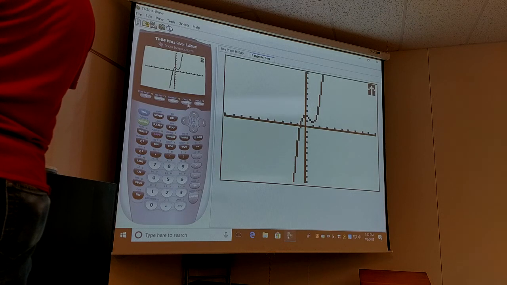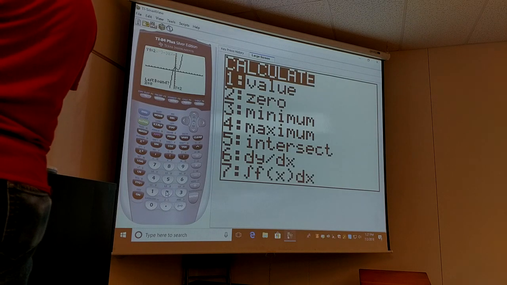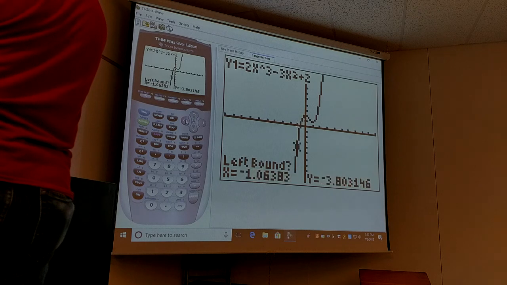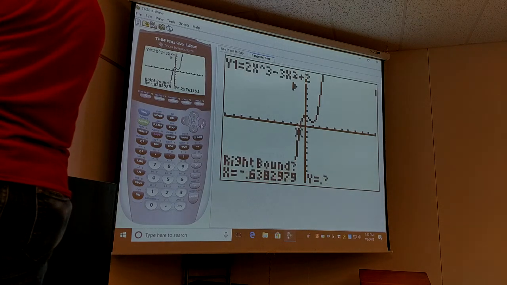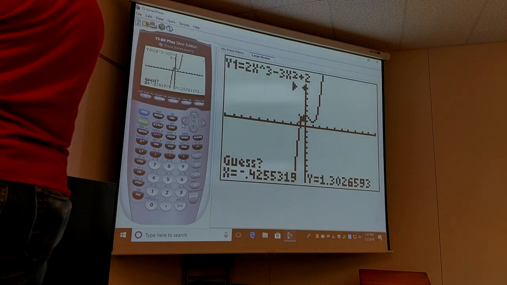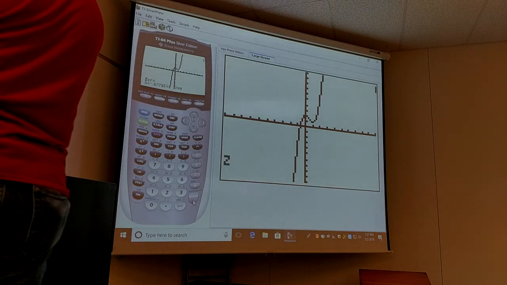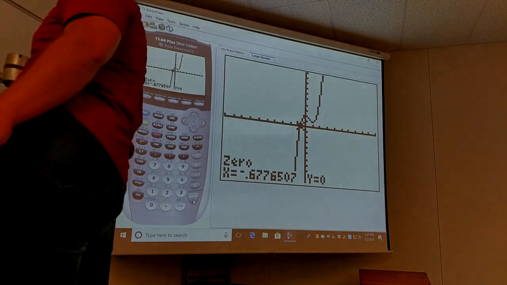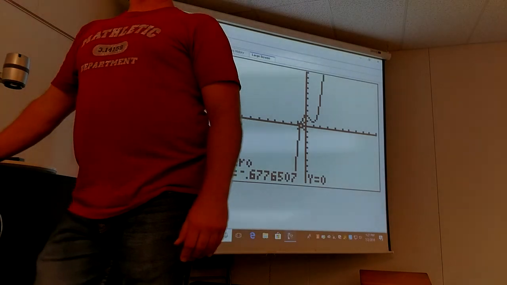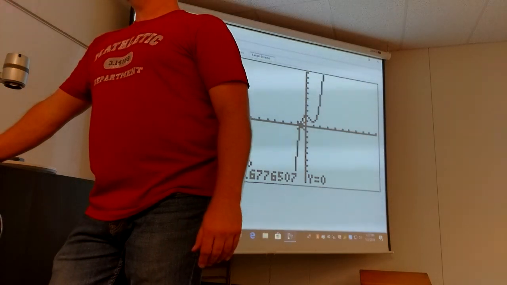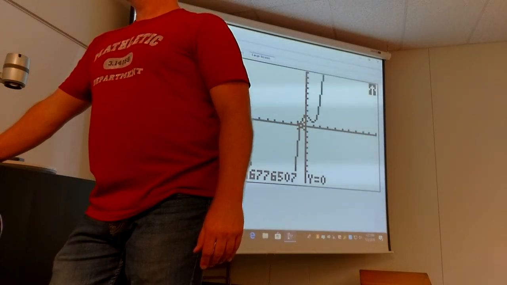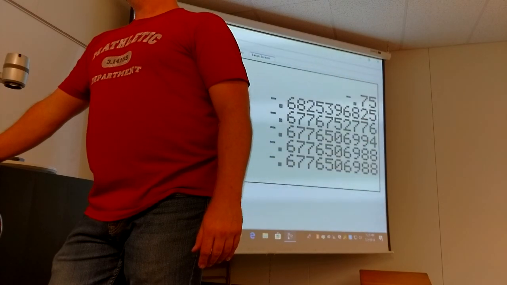And you do the whole zero thing. What's the left bound? Enter. What's the right bound? Enter. Where's my guess? 0.6776507. 677, 6507, you guys see that?